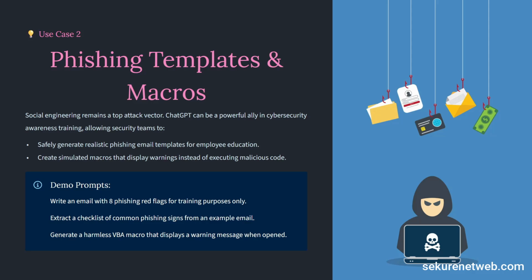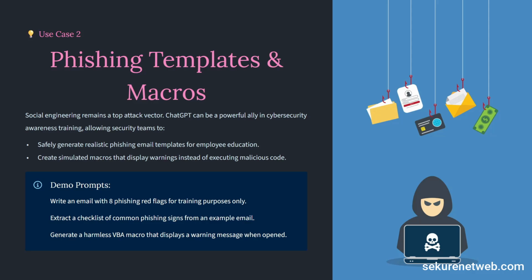Next up, ChatGPT is a fantastic tool for generating phishing email templates and even creating malicious macros. Social engineering remains one of the most effective attack vectors in cybersecurity. Crafting a convincing phishing email is a key part of this, especially when conducting awareness training or penetration tests that involve phishing simulations.